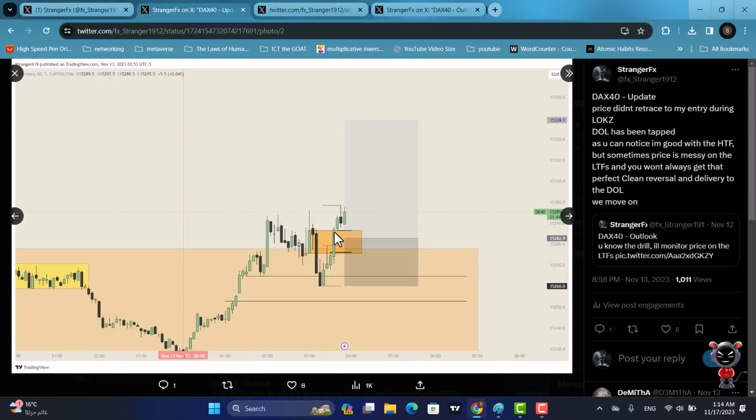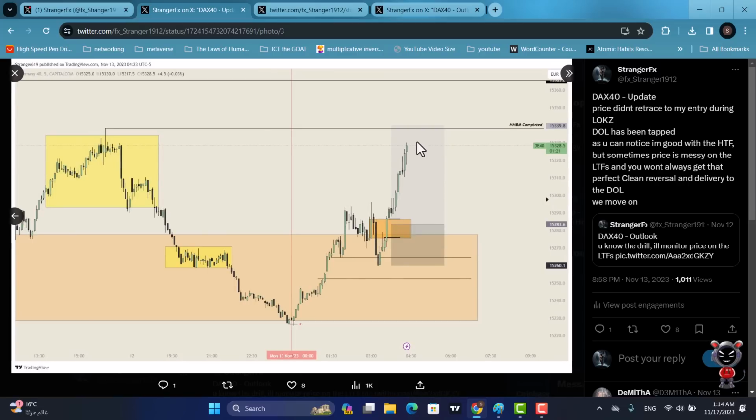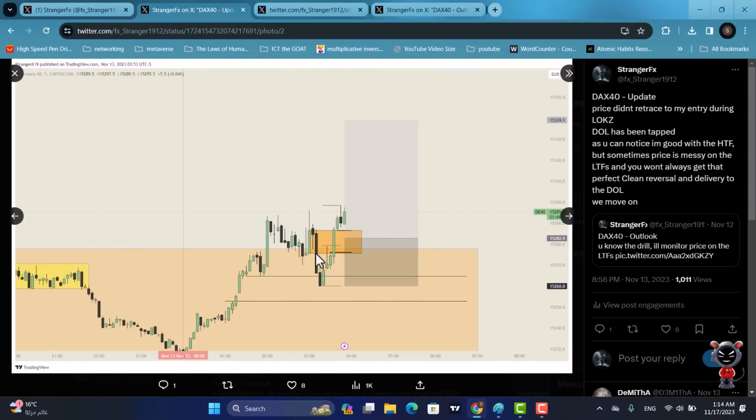So once this candle closed above it, we can look for entries when price retraces, but price didn't retrace and it kept going up. So this happens in trading. I won't show you perfect examples every time. So this is another example of how to know that an inverted fair value gap will work.